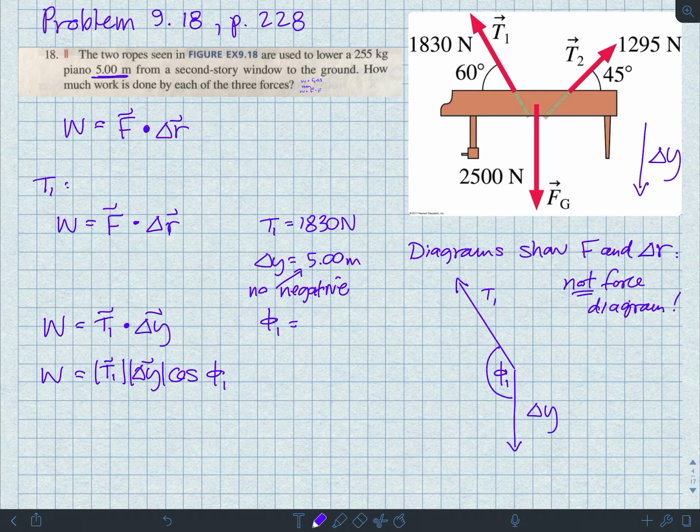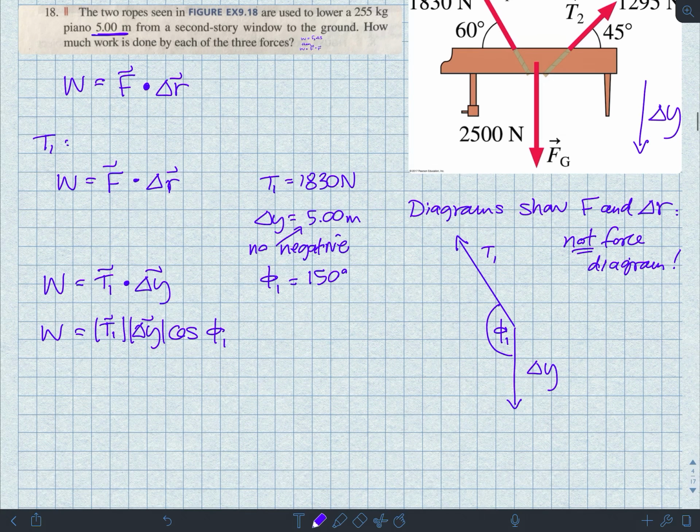Now, remember we're looking at the angle between the vector tension 1 and delta y. That's going to be 150 degrees, since it's 60 degrees plus 90 degrees. Now let's plug and chug and see what we get.